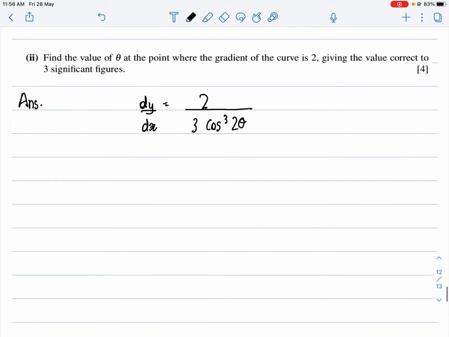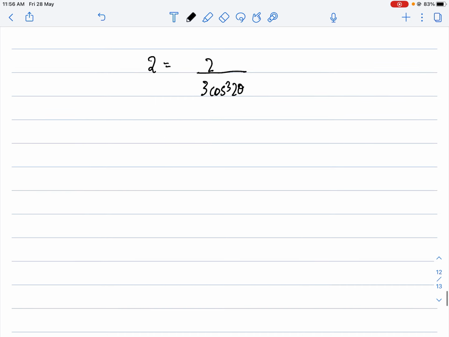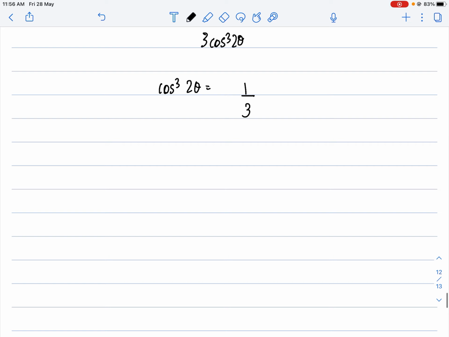Now you know your dy by dx, which is the gradient, is 2. So I can equate this to 2 equals 2 over 3 cos cube 2 theta. I can cancel this here, and write cos cube 2 theta equals 1 over 3, which I can write as cos 2 theta equals the cube root of 1 over 3.